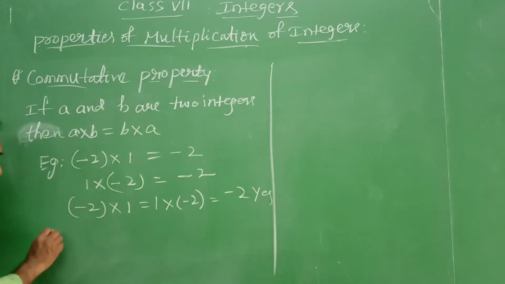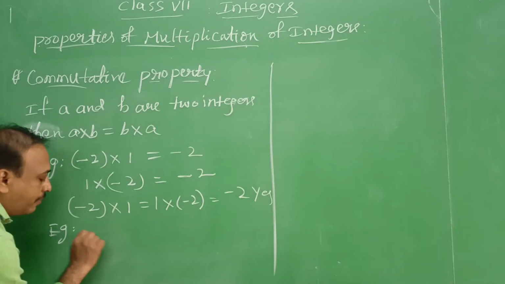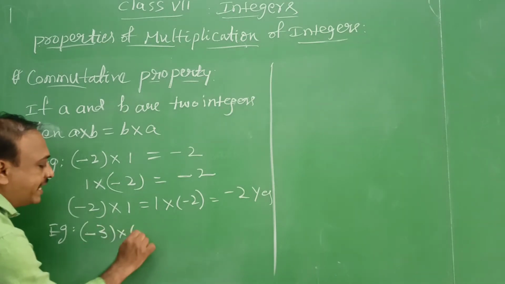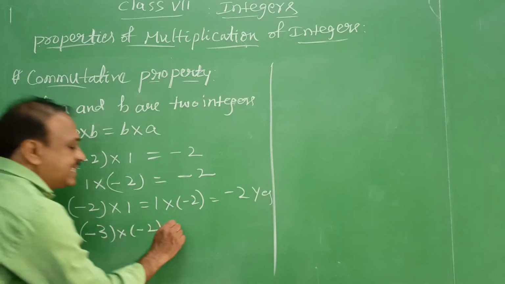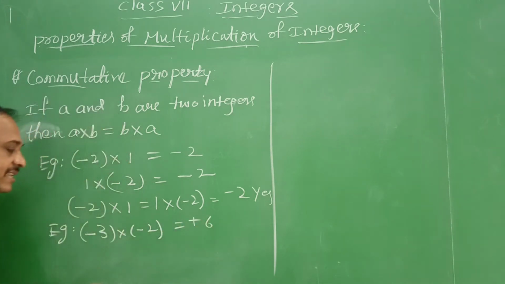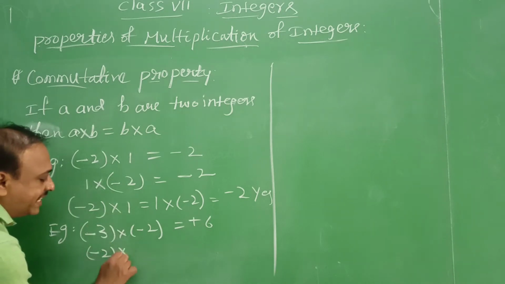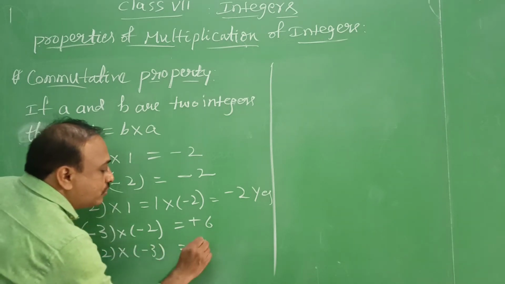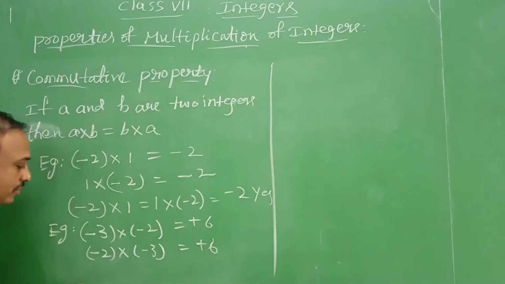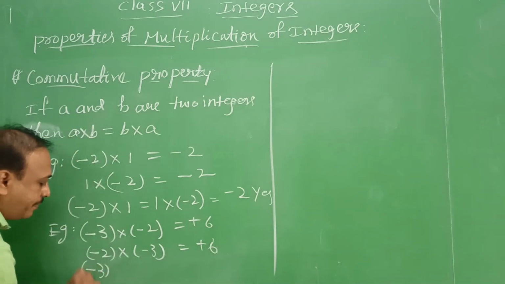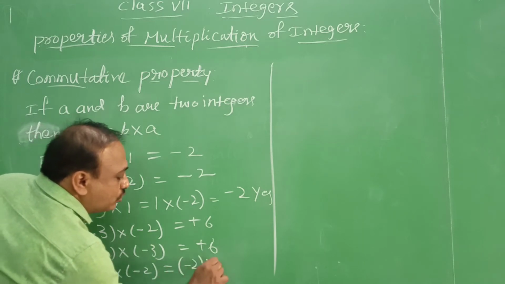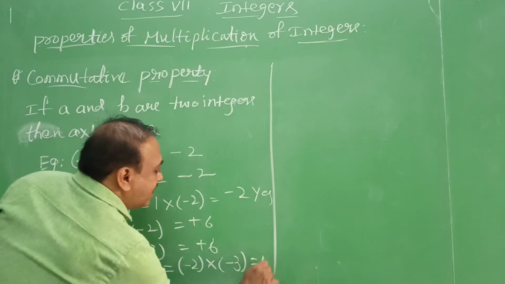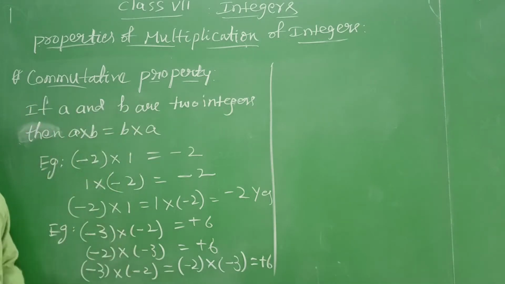Second example, let us go through. Minus 3 into minus 2. The product of two negative integers is always positive, which is plus 6. Now minus 2 into minus 3 is equal to plus 6. So minus 3 into minus 2 is equal to minus 2 into minus 3, which is equal to plus 6. The result remains the same.